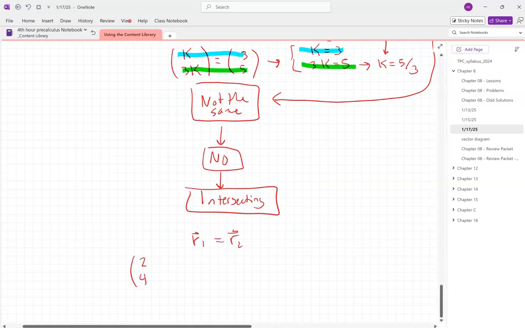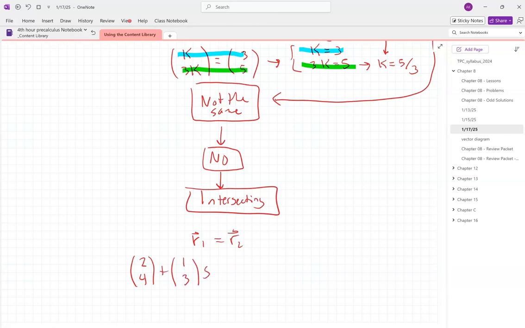So R1 was the vector (2, 4) plus the vector (1, 3)s. We're going to set that equal to the vector (-1, 5) plus (3, 5)t.